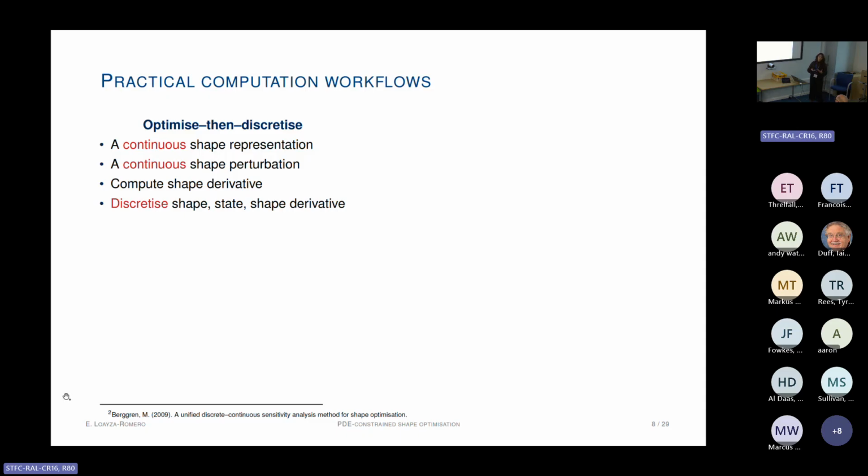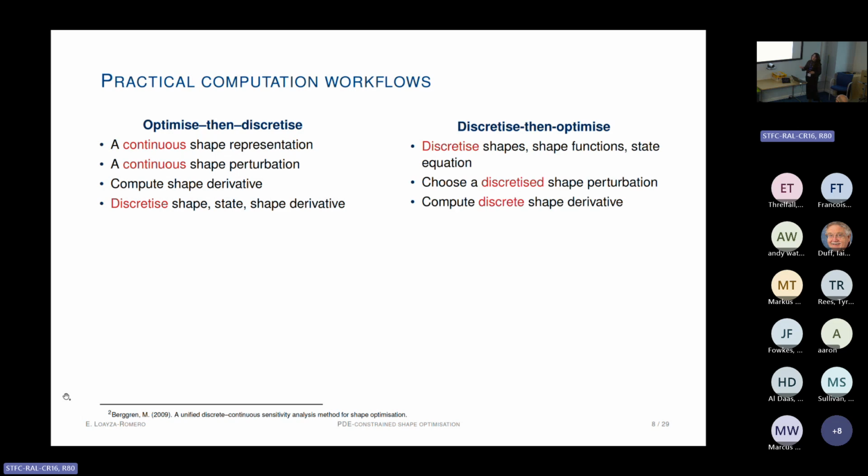You can compute the shape derivative and just at the very end discretize. Of course, there is a second option: we could also use one of these discrete representations of shapes, for example, triangular meshes. And you can then see if you can get a discretized version of the shape derivative and under which conditions you will get this information. And finally, you can continue with your optimization algorithm.